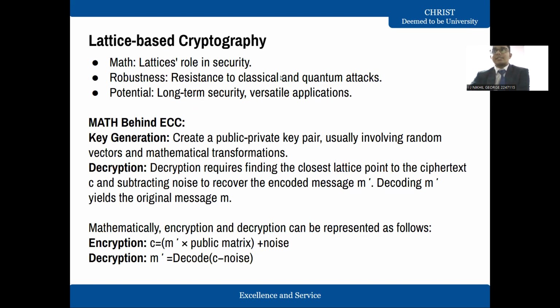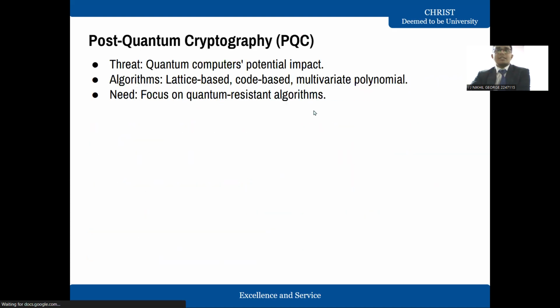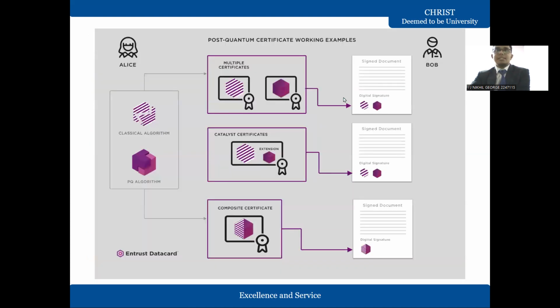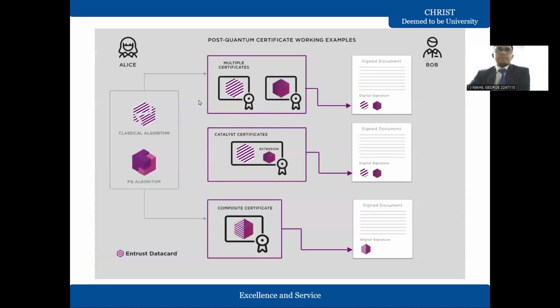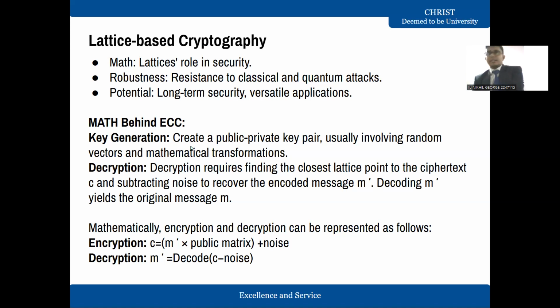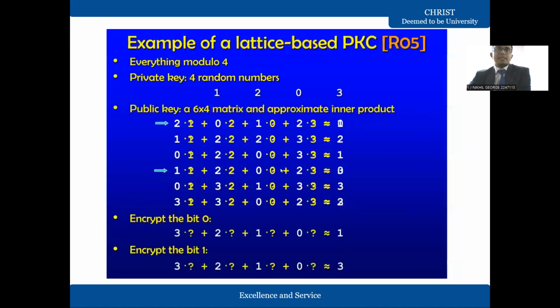The classical attacks, like we discussed last time, the special number field sieve, GNFS and SNFS. So the math behind it: we basically create the public and the private key, and decryption happens the same way. I'll be telling you how.